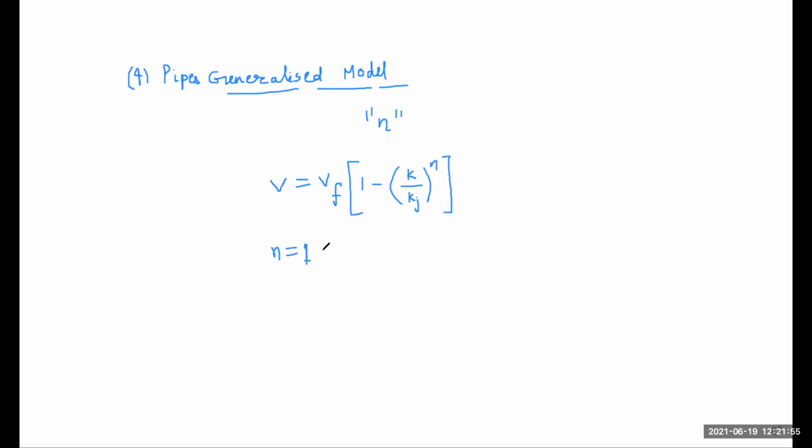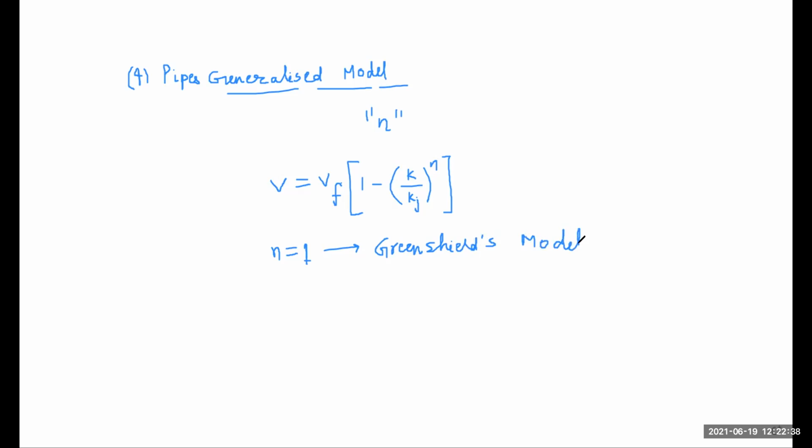Then this model, Pipes' generalized model, will be the Greenshields model. The Greenshields model also gives a relationship between V, Vf, K and Kj as V is equal to Vf times (1 minus K by Kj). So if you put n is equal to 1 here, then this is your Greenshields model.